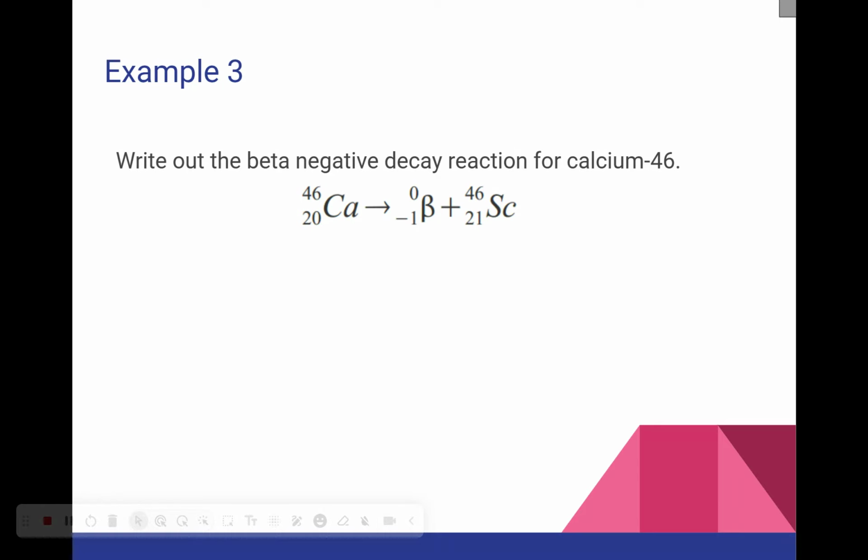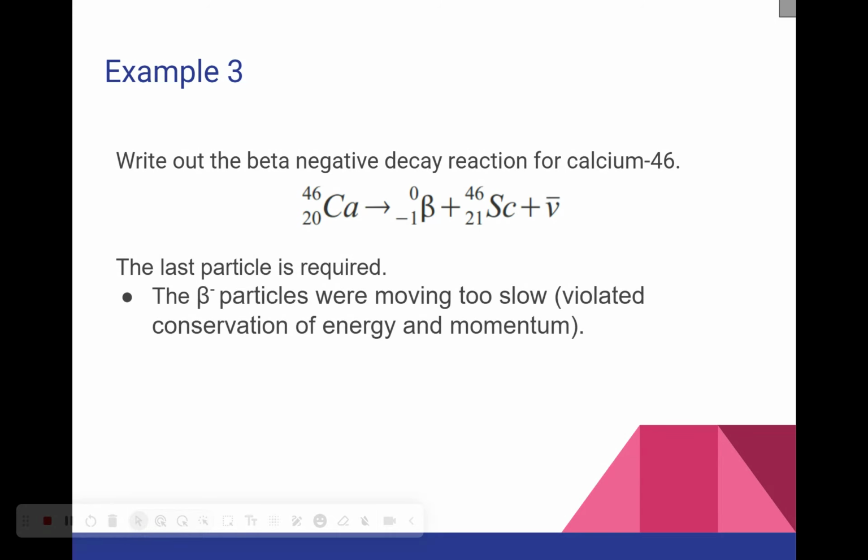Yay! But there is one thing a little bit odd here, because another particle does come shooting out. And we write it sort of like a handwritten italicized letter V with a little bar above it. And that last particle has to be there, because when physicists were first examining beta negative decays, they realized the beta negative particles were coming out moving too slow.